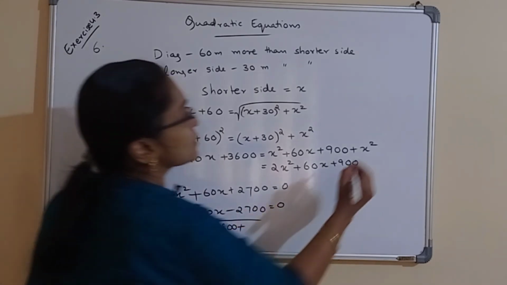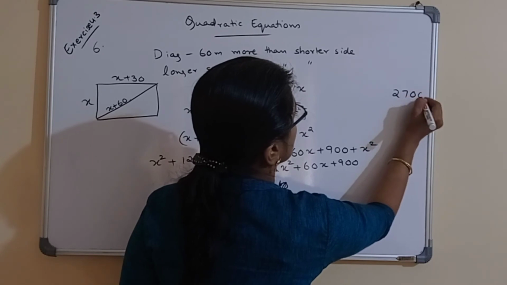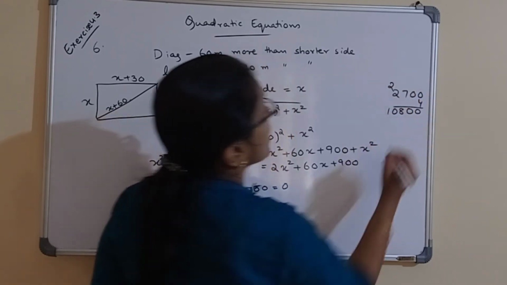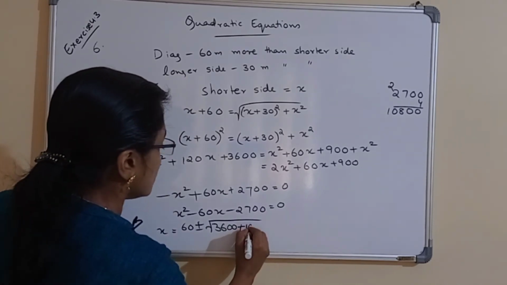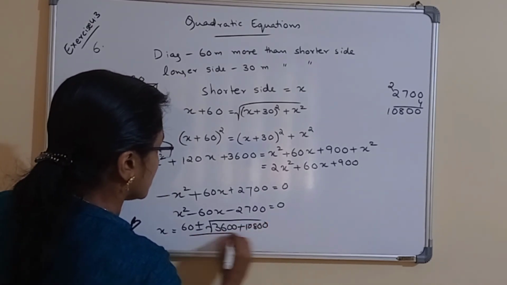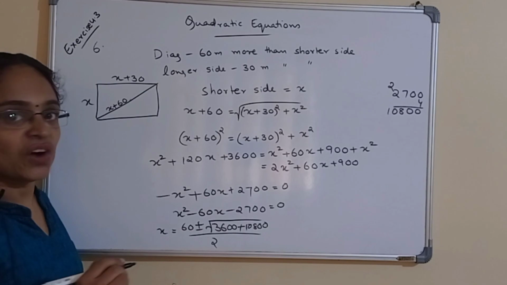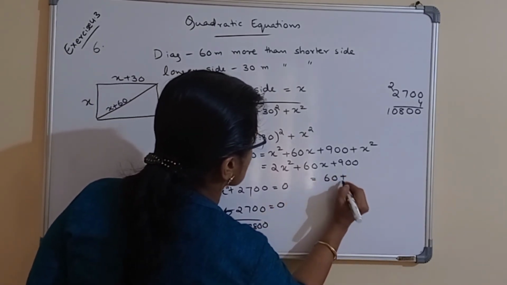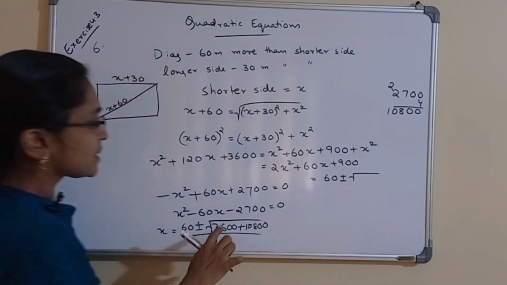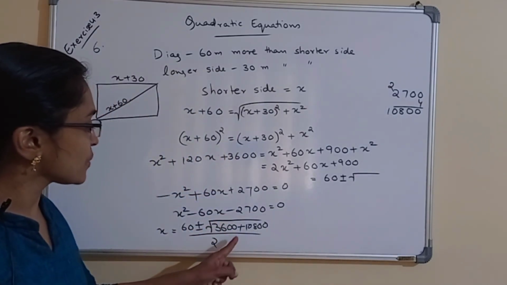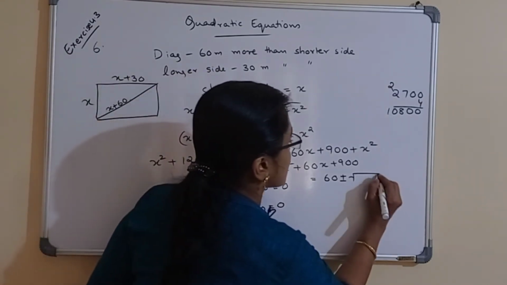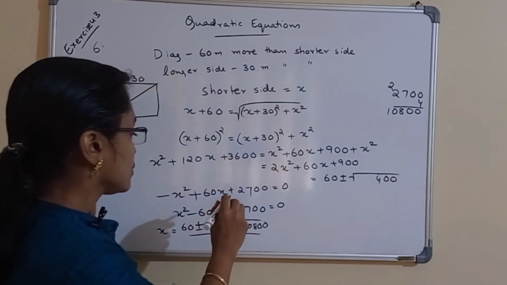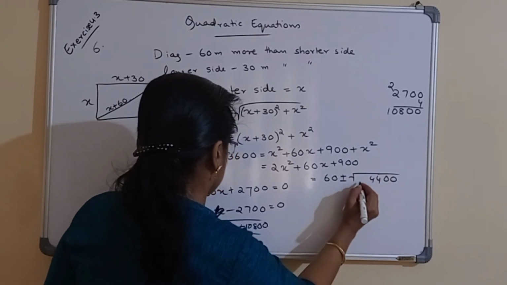So 4 into 2700 is 10800, divided by 2 into 1. So it is equal to 60 plus or minus root of 3600 plus 10800, which is 14400.